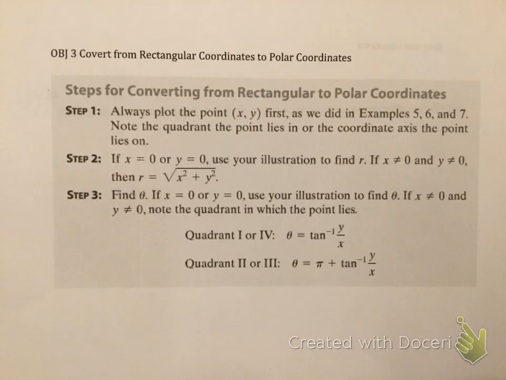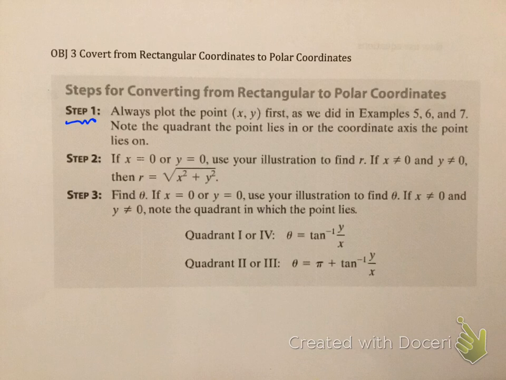All right, so let's look at what happens if we have to go backwards. So the first step with this especially is always plot the point, because you're going to see when I have to find theta, it depends on what quadrant I'm in, what I do with it. So you got to make sure that you plot it first, or know where is your original point.